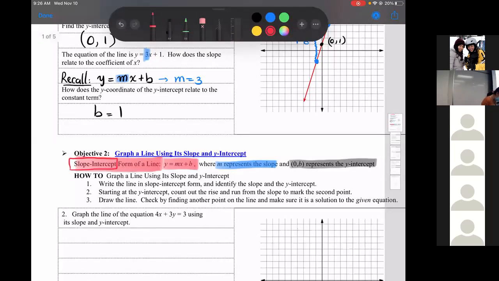First, you write in slope-intercept form and identify the slope and the y-intercept. Second, starting at the y-intercept, count out the rise and the run from the slope. Third, you draw a line, and check by finding another point on the line, making sure it is a solution of the given equation.